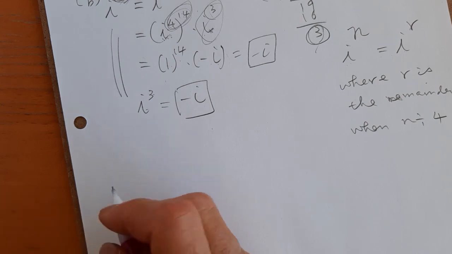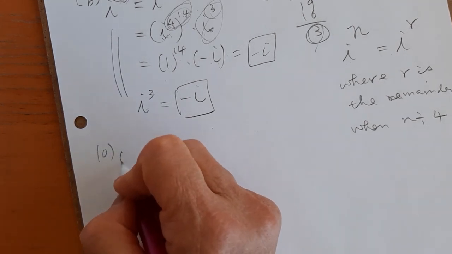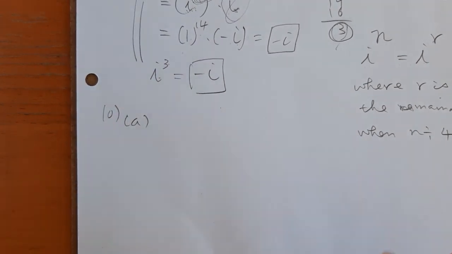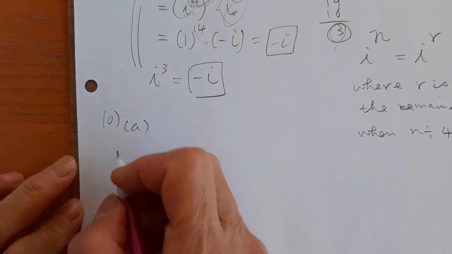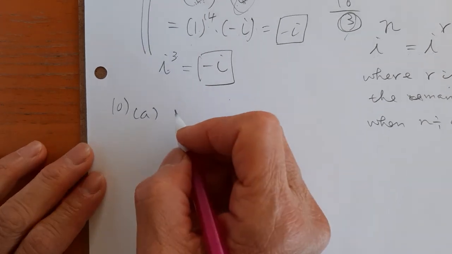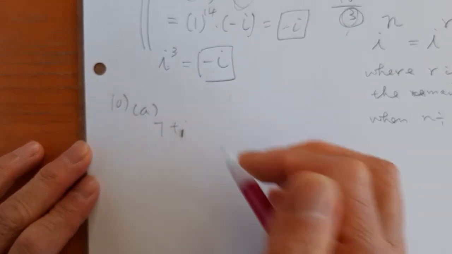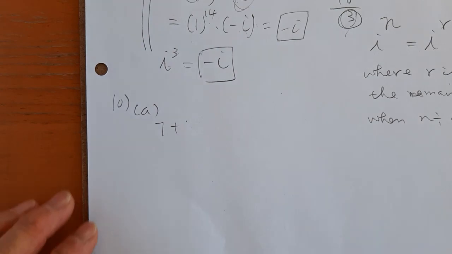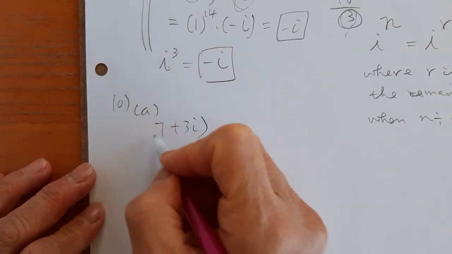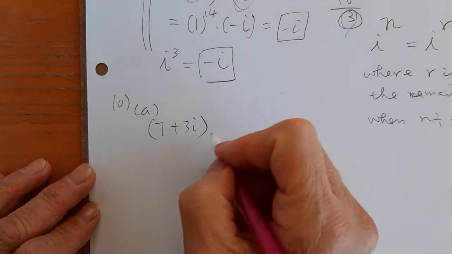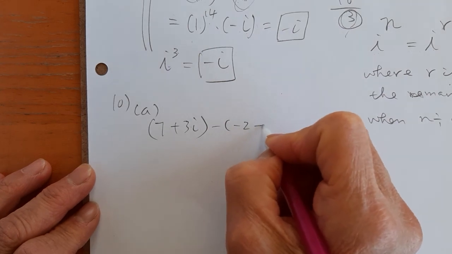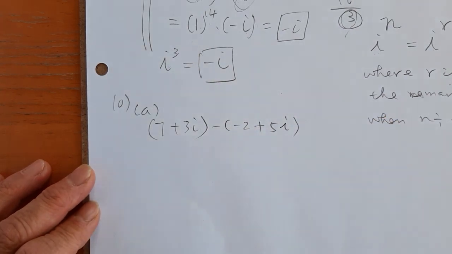Next question, question 10a, about complex number operations: addition, subtraction, multiplication, and division. So a: 7 plus 3i minus the quantity negative 2 plus 5i.